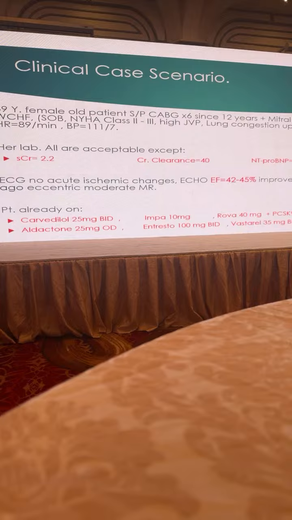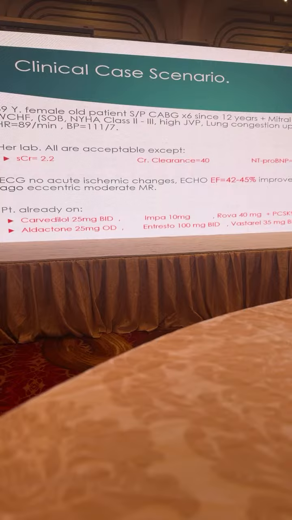I'm very happy, I know. Right? NT-proBNP is very high, right? ECG, no acute ischemic changes, echo is 40 to 45. And our colleague, Dr. Ajaz, mentioned, please don't treat the patient as a number. Well, it's not a number.